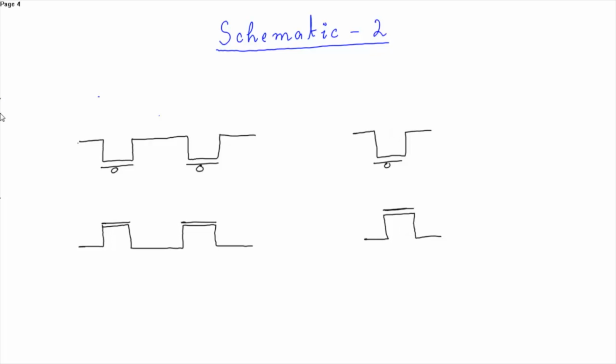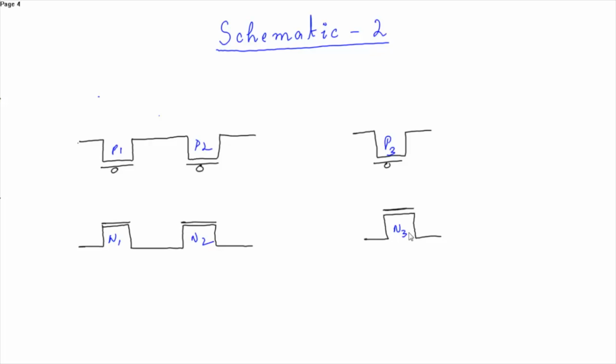So this is my PMOS 1, PMOS 2, NMOS 1 and NMOS 2. This is P3 and this is N3.